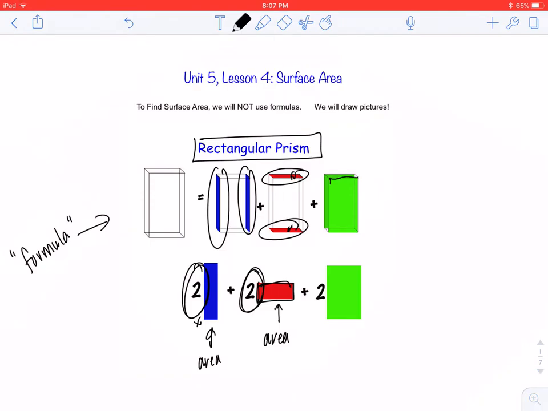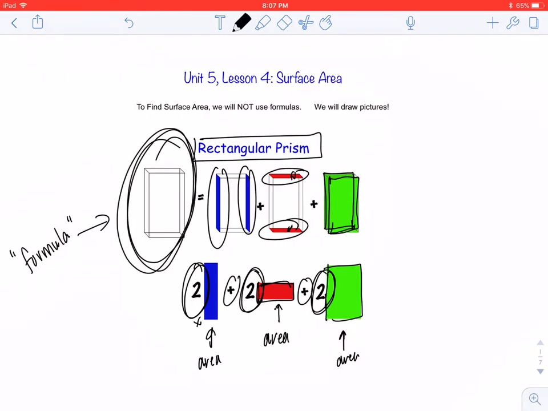The same with the front and the back. That's what these green ones are. If you find the area of one of the green rectangles and multiply it by 2, you're going to get the area of both. And if you add all of those areas together, you're going to get the surface area of the whole shape.